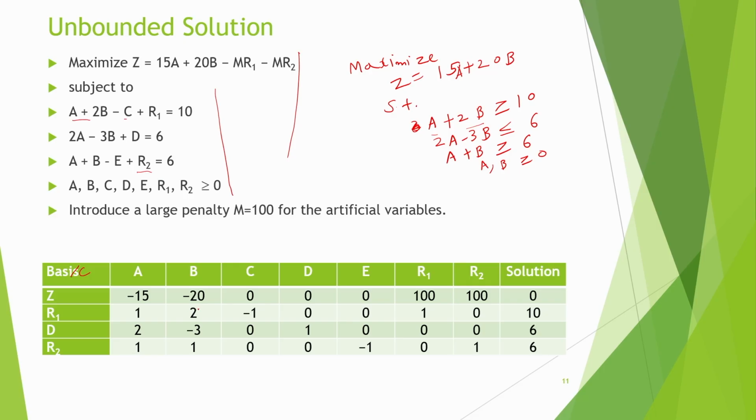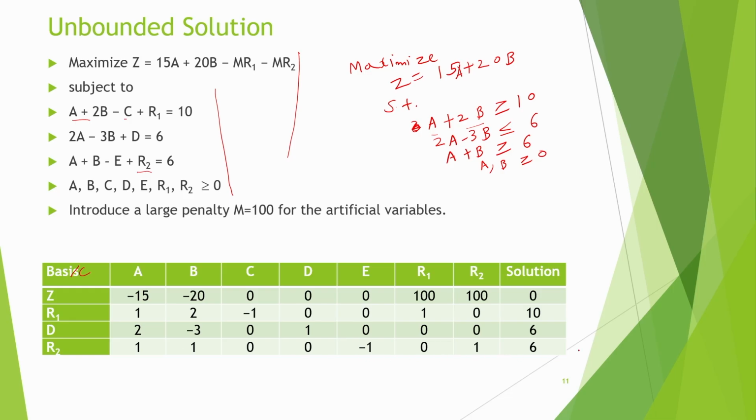So the Z row means minus 15, minus 20, 0, 0, 100, 100, 0. R1 means 1, 2, minus 1, 0, 0, 1, 1, 0. Then D, the basic variable, is D equal to 2, the coefficient of a is 2, the coefficient of b is minus 3, like that. And here R2 also I have written 1, 1, 0, minus 1, 0, 1, 6.